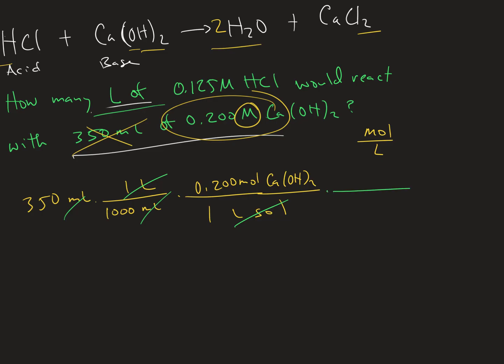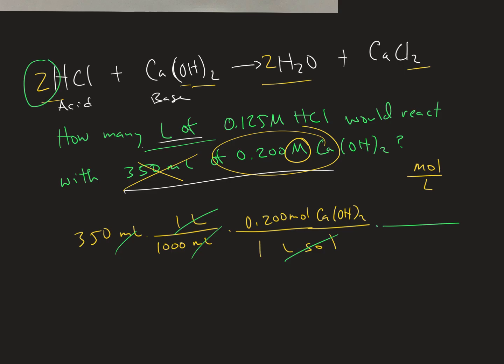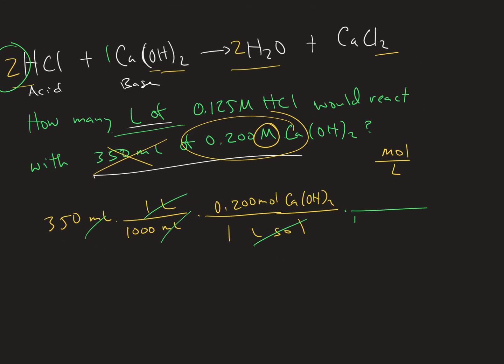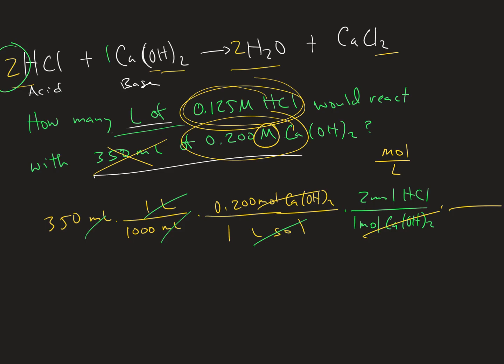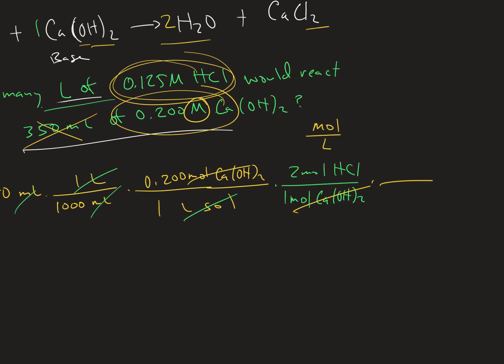So what's the mole to mole ratio? 2 to 1. So 1 goes where? On bottom, 1 mole of calcium hydroxide to 2 moles of HCl. That goes away. And I'm looking for volume. So now what do I have? I have molarity, put it in moles per liter. What goes on bottom?